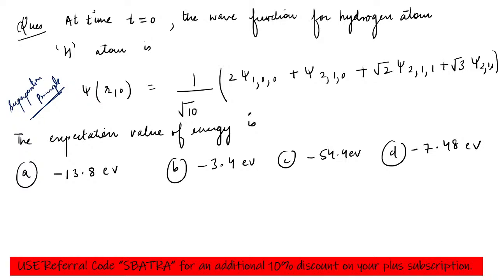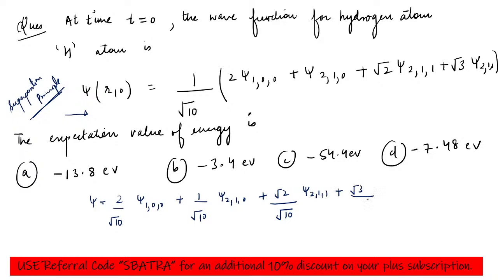In this particular concept, this is the wave function given. So we can write phi is equal to 2 by root 10 phi 100, then 1 by root 10 phi 210, then root 2 by root 10 phi 211, and plus root 3 by root 10 phi 211.